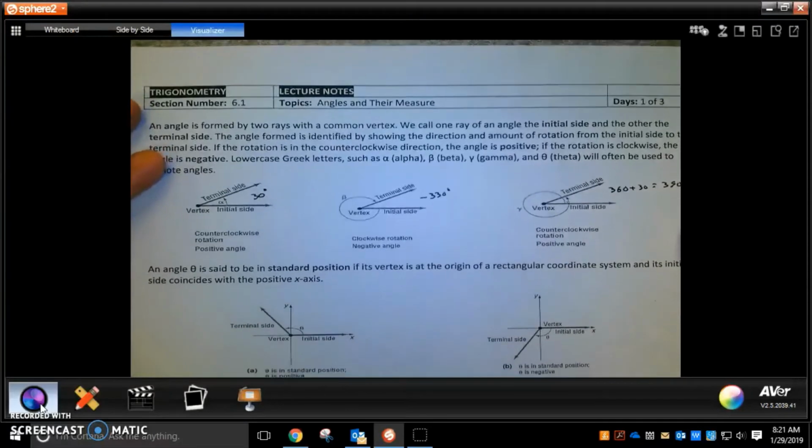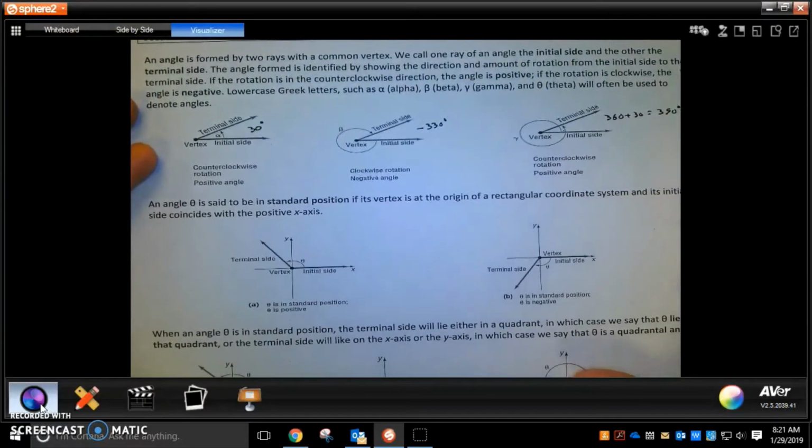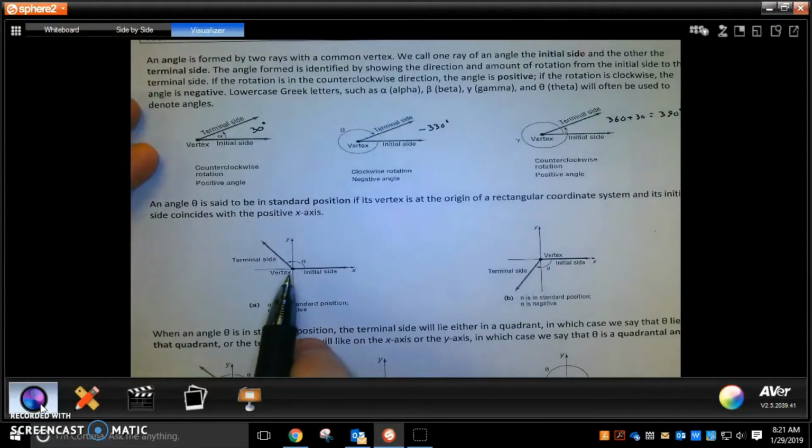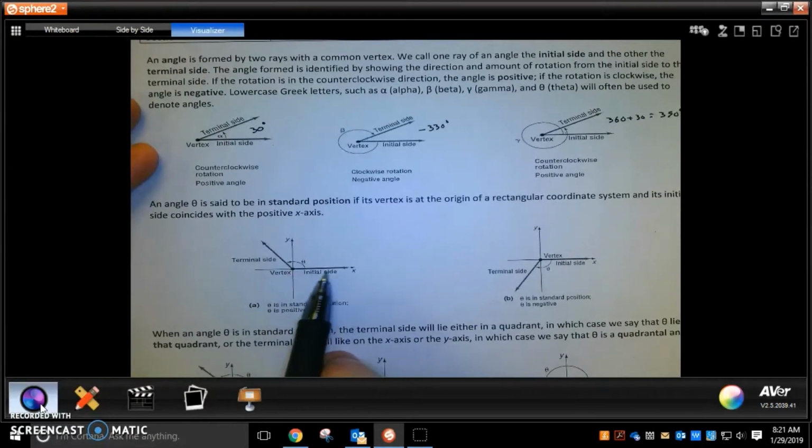When we are looking at angles, we are going to be looking at them on a coordinate plane where they're going to take the vertex of the angle and place it right at the origin. The initial side is going to run right along the positive x-axis. And here's the terminal side of this one.